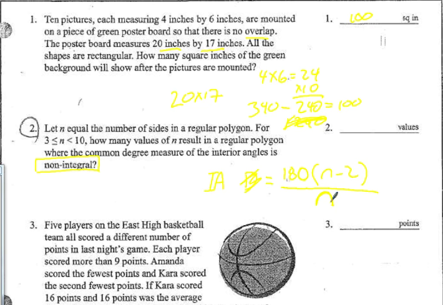So we have this equation here, and I'm going to use the distributive property. And so we have 180n minus 360 divided by n. And so we need to put this in parentheses, to make sure it's all divided when I use my calculator.